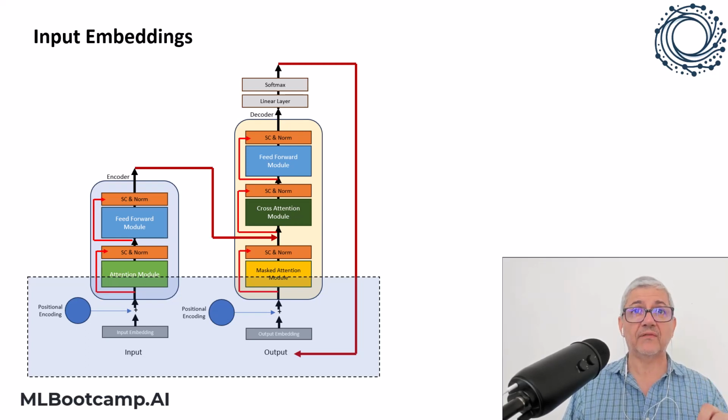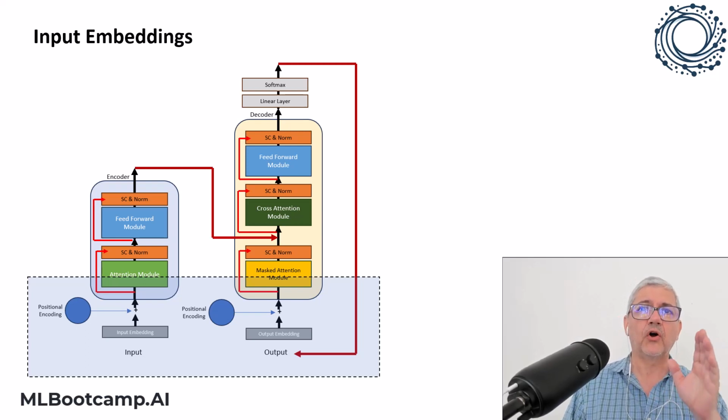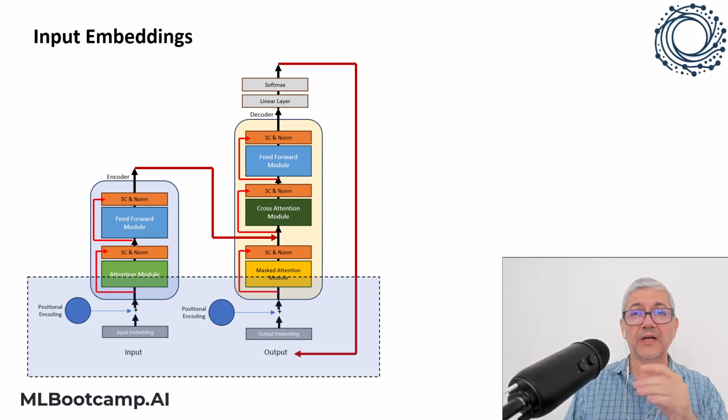The objective is to provide the model with information about the position of each individual word, actually each individual token, in the sequence. Here we can see how both the encoder and the decoder have positional encoding added to the input embedding. When the encoder receives the input and converts that into input embedding, then we add that to the positional encoding.